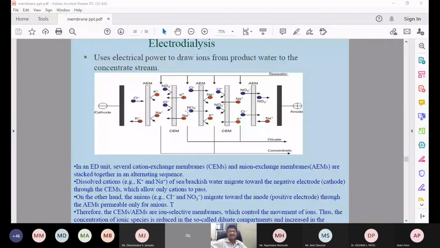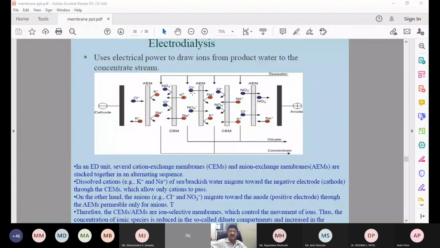What is happening here? You see, this K+ will come to the cation exchange membrane, it will allow it. Why? Because it is cation exchange, it will take it and pass it like this. So it will allow the K+ to pass through it. The anion exchange membrane allows the Cl- to pass through it. So what will happen in this region?